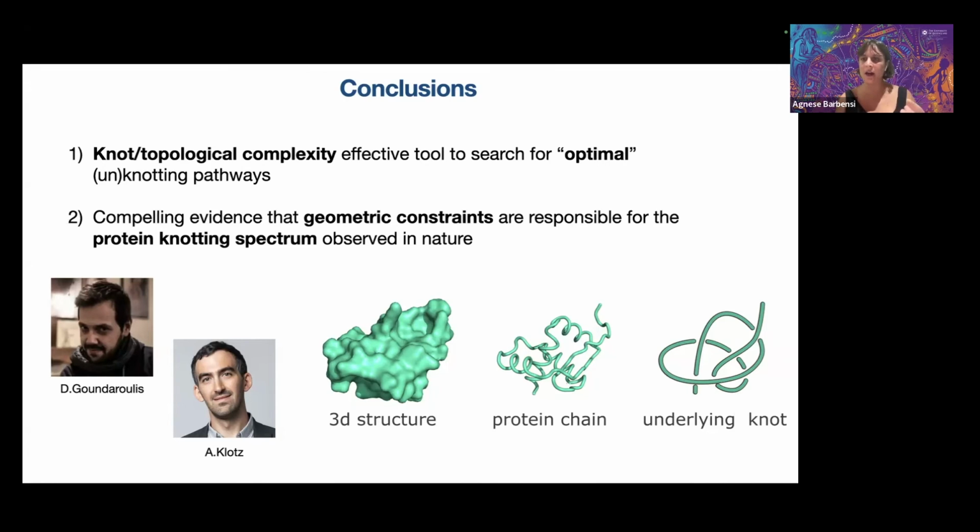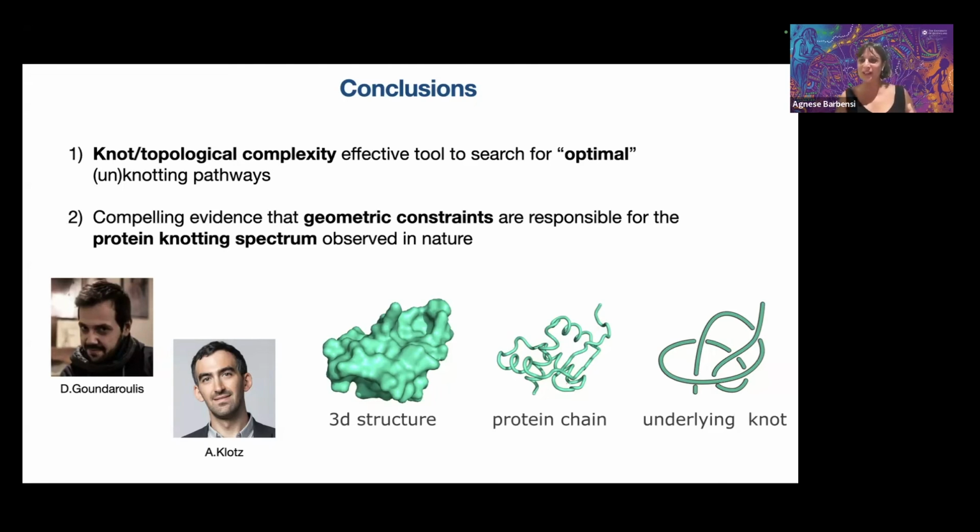And this idea of looking at topological complexity as functionals can be quite effective in studying the folding and unfolding of knotted polymers. And also we think that our last results provide quite compelling evidence that the geometric constraints are one of the key factors in shaping the knotting spectrum observed in nature.